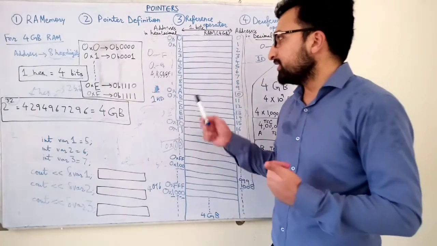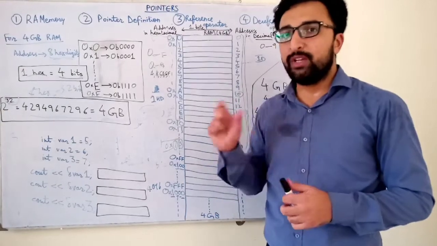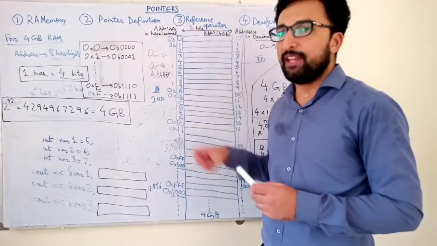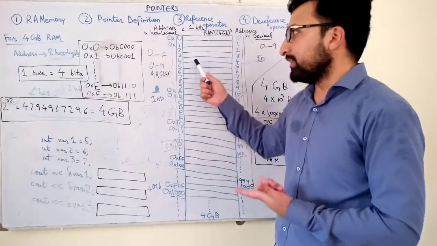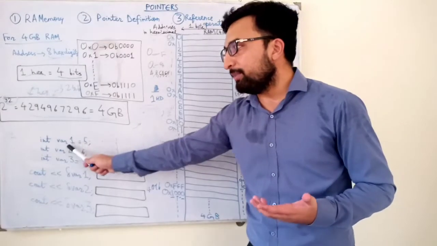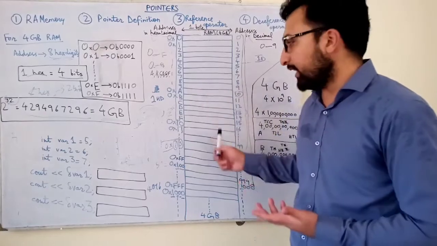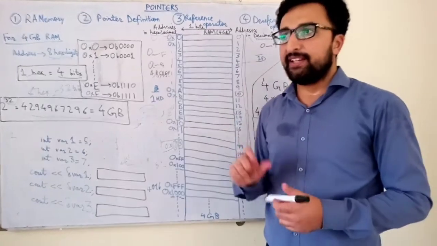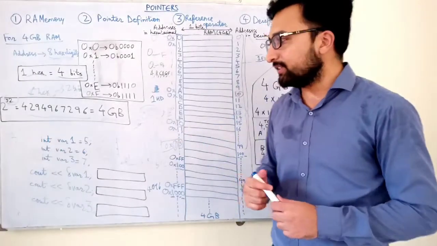The operating system makes a decision about which RAM is free, and it stores the variable there. So if the RAM is free in the starting, it will locate the variables there when they are defined in your program. If the RAM is free at the end, it will place them there. That is basically the duty of the operating system.